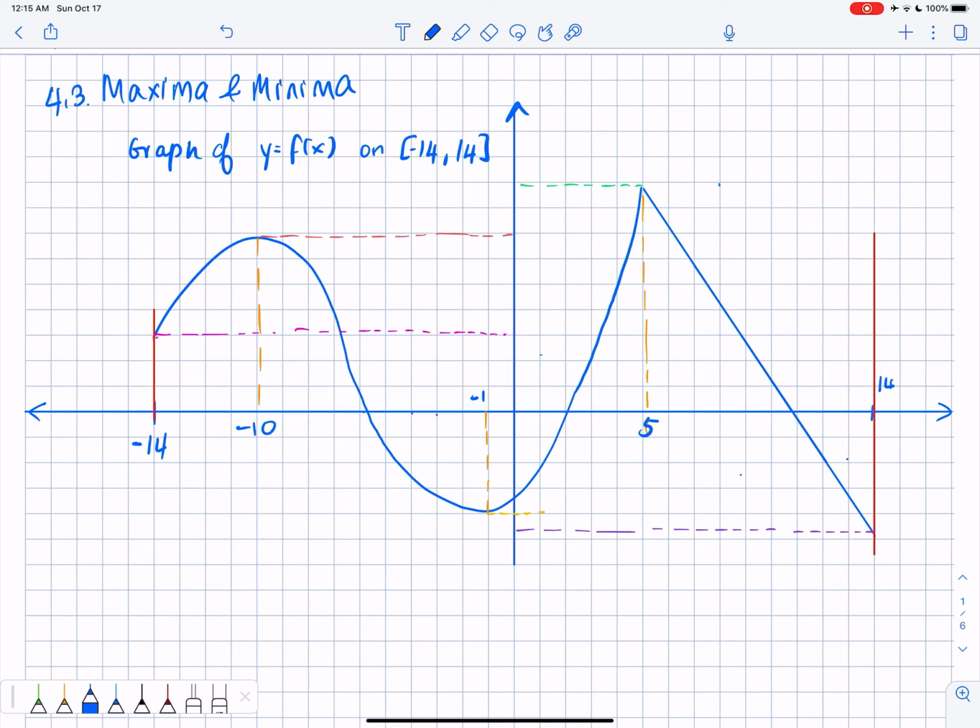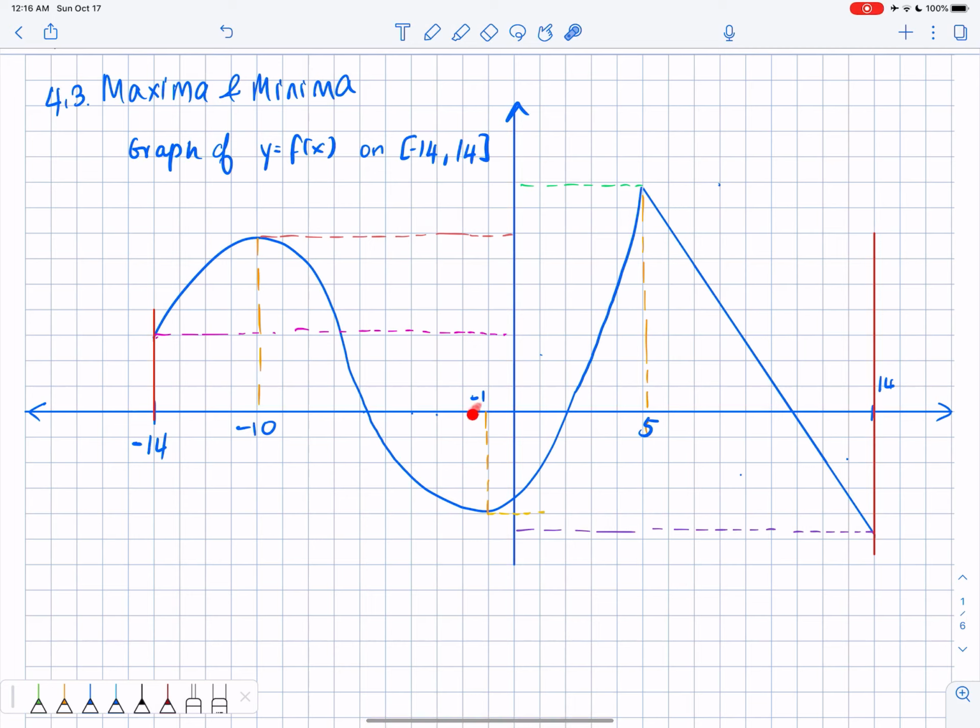Okay, so here you have the graph of it. And what I have done here is I have marked the endpoint, this point over here, which looks like it's a maximum point near all the points near negative 10.